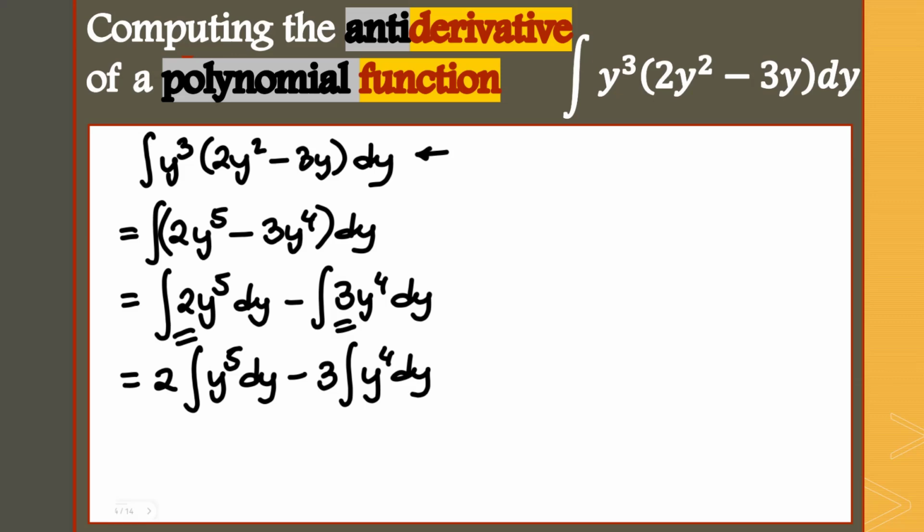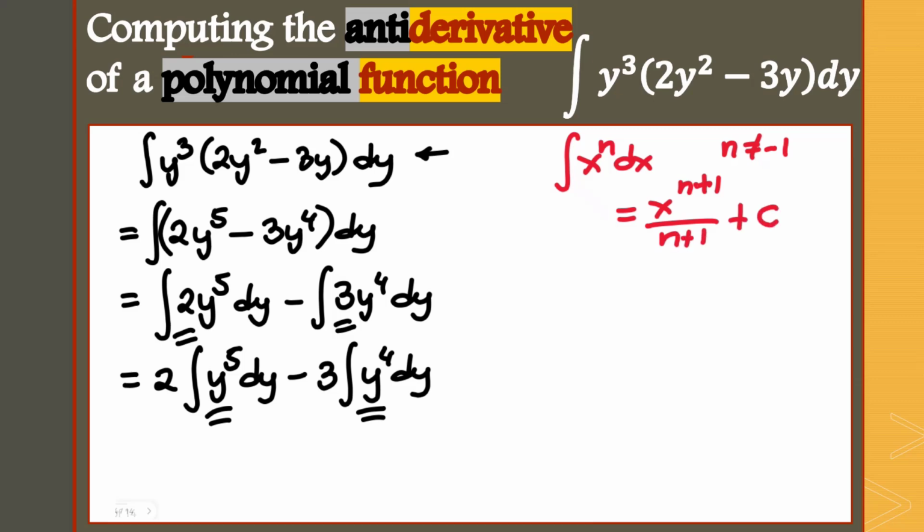So with that, we have established exponentiation, and we know that there is a certain power rule which allows us to do this once our n is not equal to -1. This is just equal to x to the power of n plus 1 over n plus 1, then we have our c. So with this we will have 2 times y to the power of 5 plus 1 over 5 plus 1.